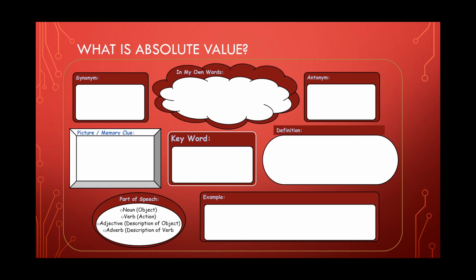Next thing we're going to be doing is thinking through, what does absolute value mean? Absolute value is really the distance, how far is a number from 0. So the distance between 0 and a number.